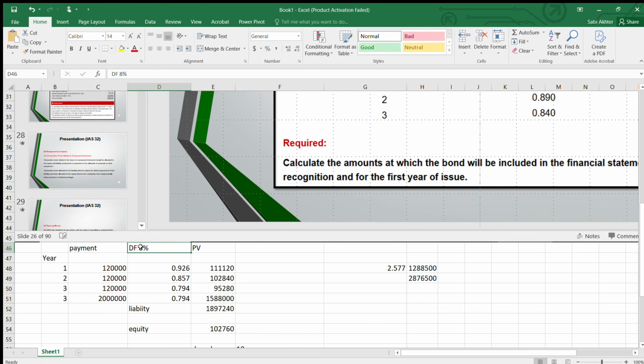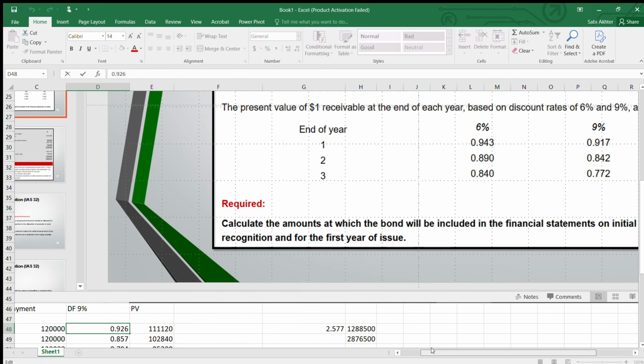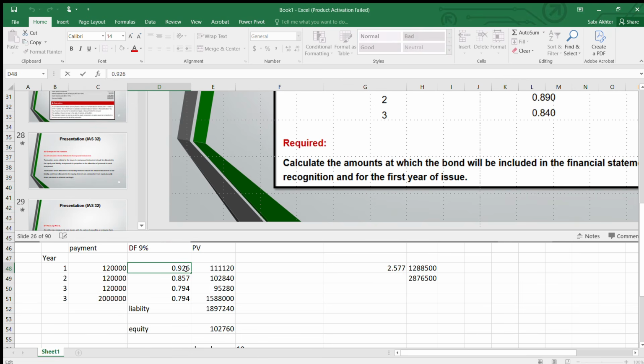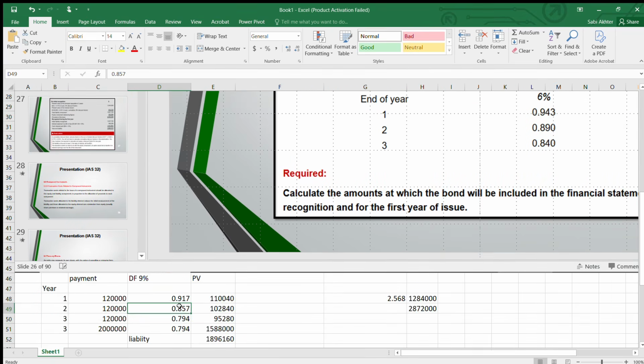And rather than 8, it is 9% discount factor. So here, I'll be having 0.917, 0.917. Then we have 0.842.